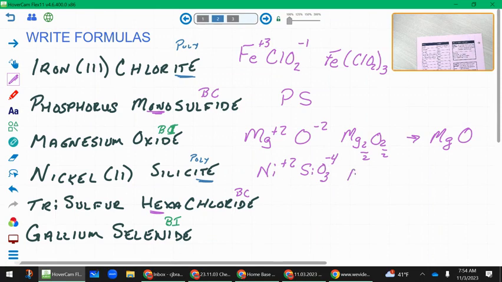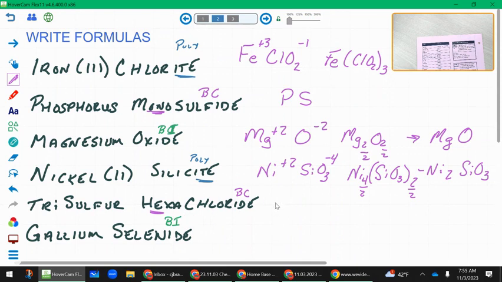That means I'm going to crisscross and do Ni4, SiO3 in parentheses 2. However, this also can be reduced by 2, which becomes Ni2SiO3. Since I am no longer putting a number down by the SiO3, it is not in parentheses. Because I am reducing this 2 and 2 down to a 1, I take away the parentheses. Questions?